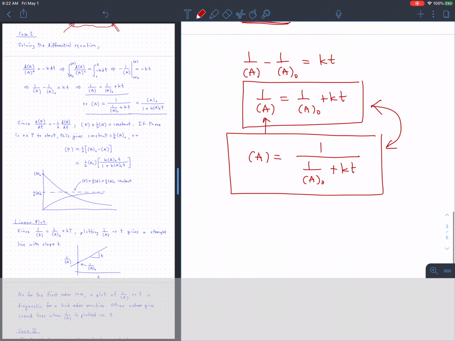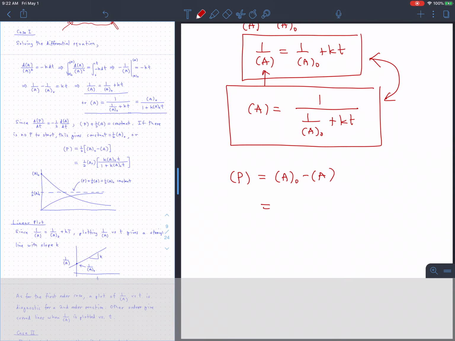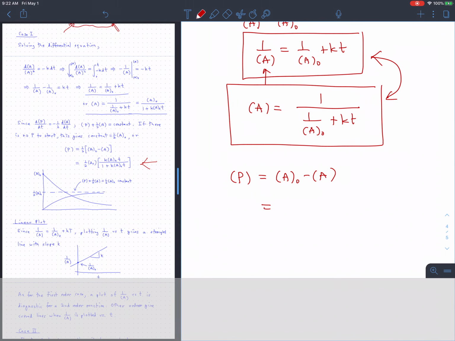All right. We need P still, so we have that P is equal to A0 minus A. And so let me just write down from the other side over here this relationship. We get that P is equal to A0 times k A0 t over 1 plus k A0 t, after some algebra obviously.